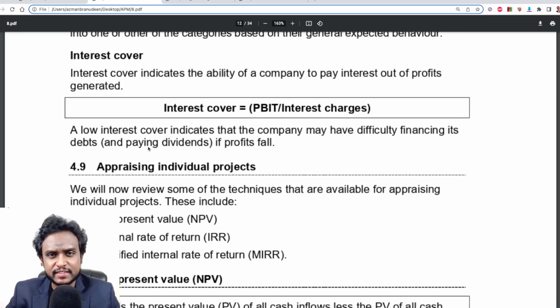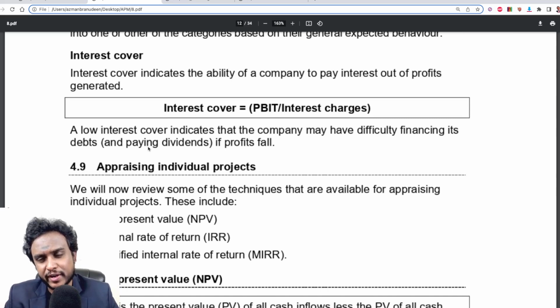Interest cover is another ratio that you can use. Essentially, it's how much money you have to cover your interest. So again, we are looking at risk ratios, which is essentially your ability to service the debt obligations.